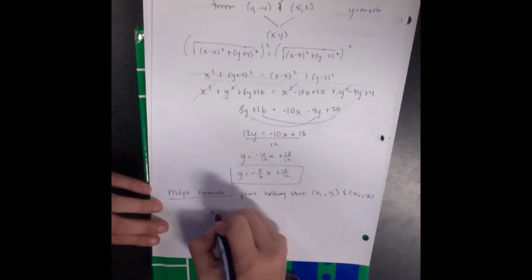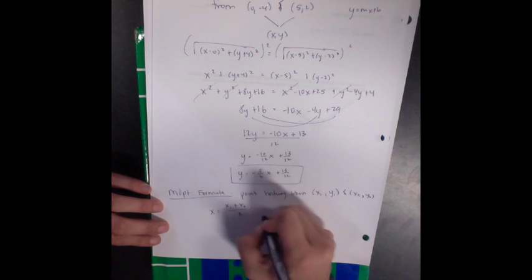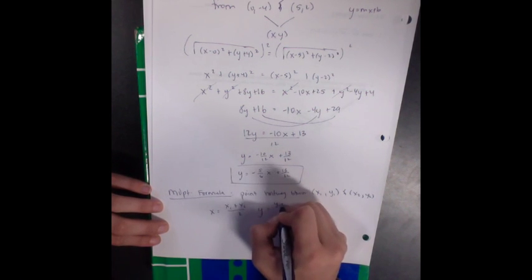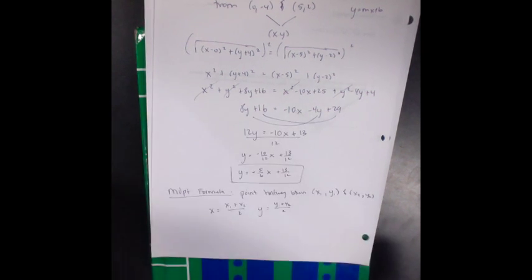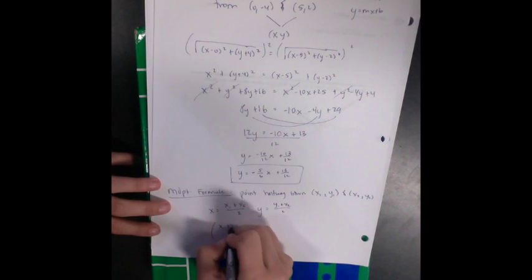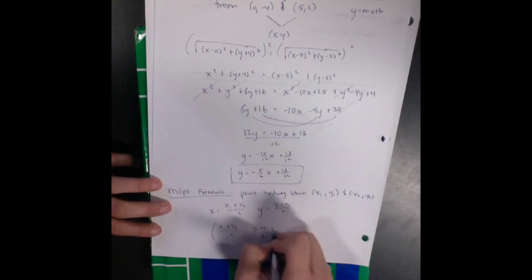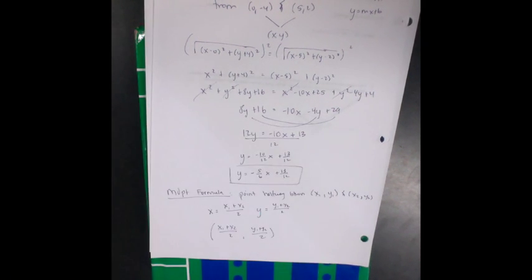Okay, so your x term is the average of your x's, x1 plus x2 over 2. Your y term is y1 plus y2 over 2. And then you write it as an ordered pair. So we get (x1 plus x2 over 2, y1 plus y2 over 2). Okay, that is your midpoint formula.